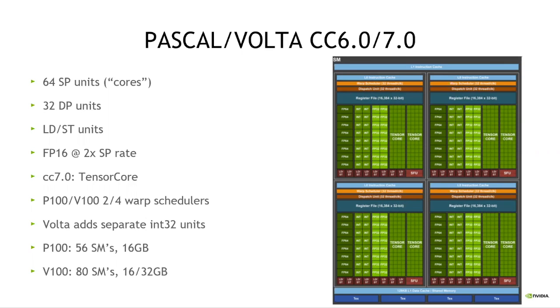But in this session, we're primarily focused from the programmer's perspective. So what does that mean in terms of what we've covered in the last few slides? Well, what you'll find is that for the two variants depicted on this slide, CC 6.0 and CC 7.0, that have this relatively large ratio, 1 to 2 is a relatively large ratio of DP to SP units, those are typically going to be found in Tesla GPUs.